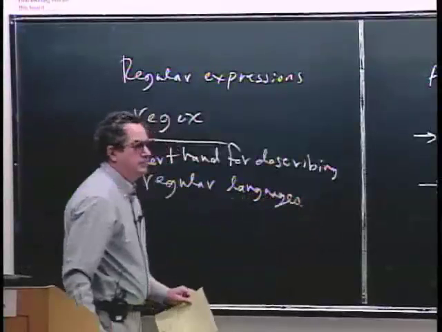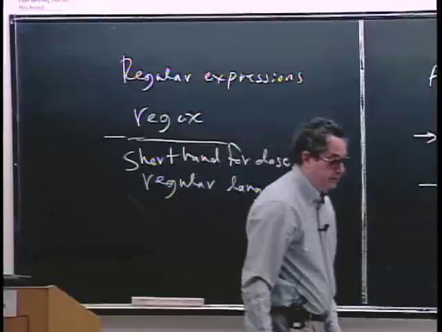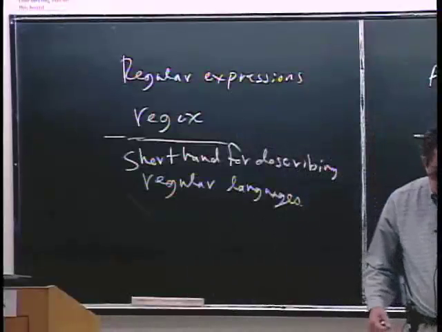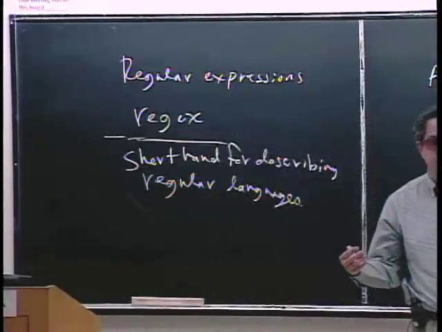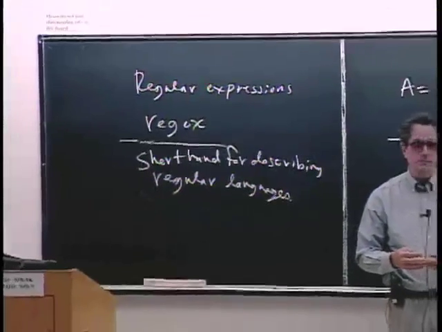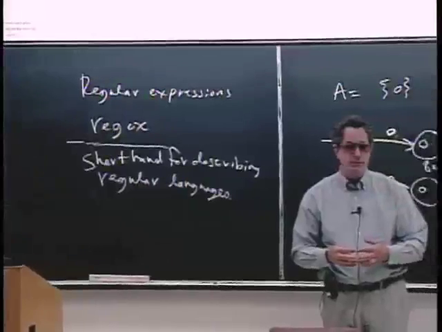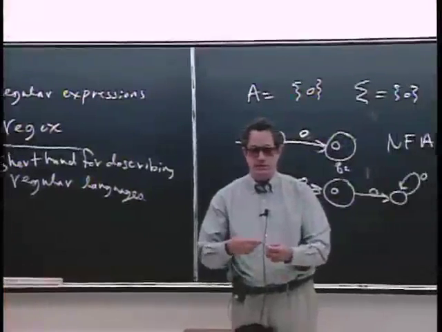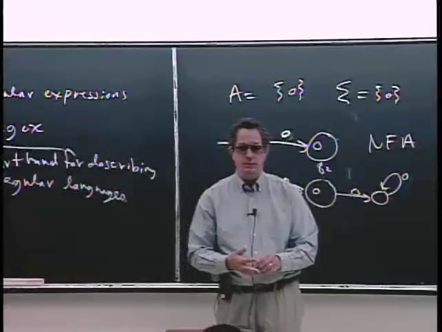So far, we have two ways of describing a regular language. Actually, maybe I should say there are three ways of describing a regular language, and only two of them not only describe the language but prove that it's regular. What are the two ways?